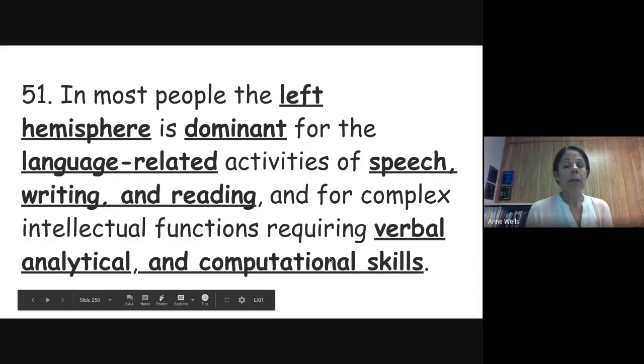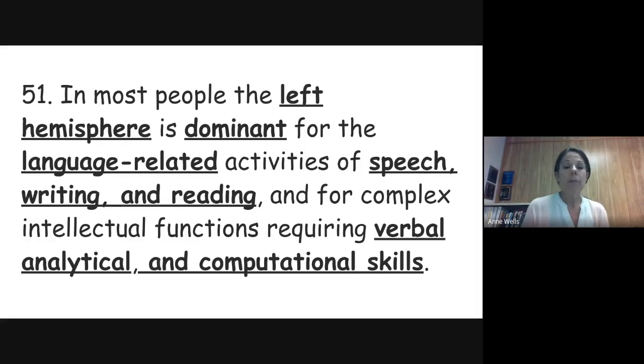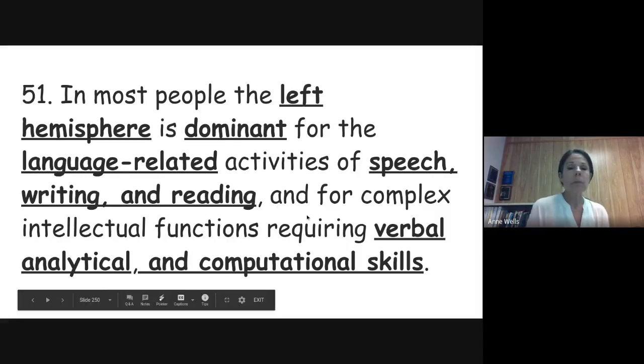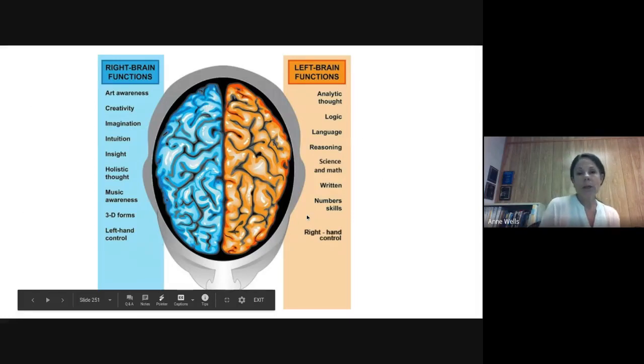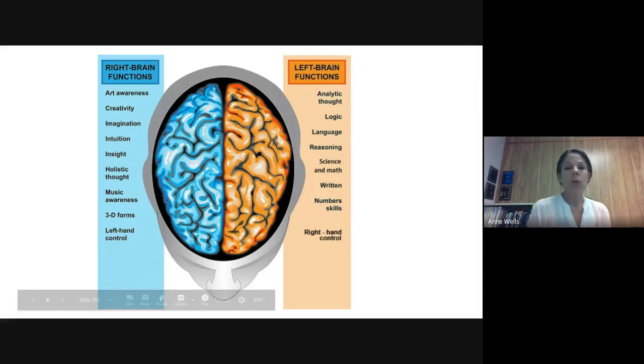Number 51, in most people, the left hemisphere is dominant for the language-related activities of speech, writing, and reading, and for complex intellectual functions requiring verbal, analytical, and computational skills. So make sure you pause right now and study this. It's going to show you some right brain functions and some left brain functions.